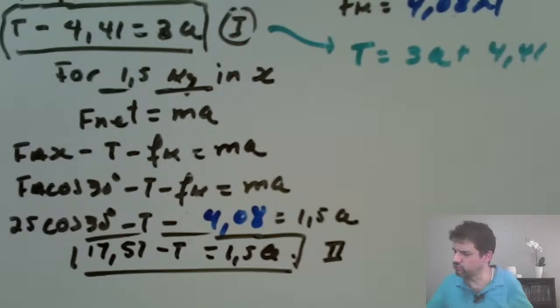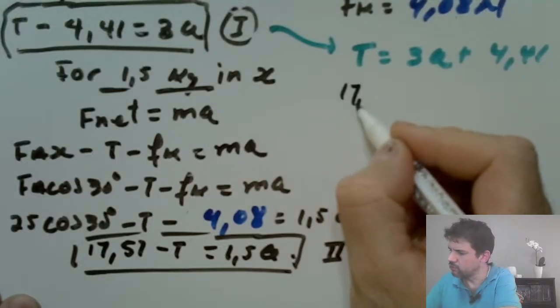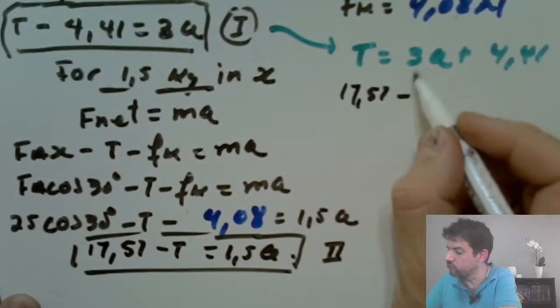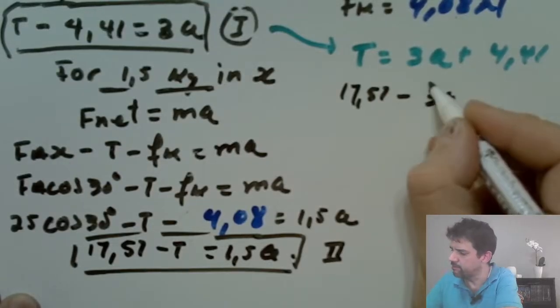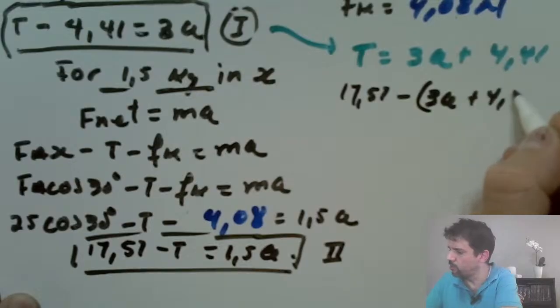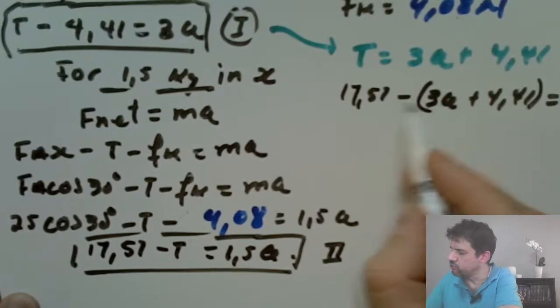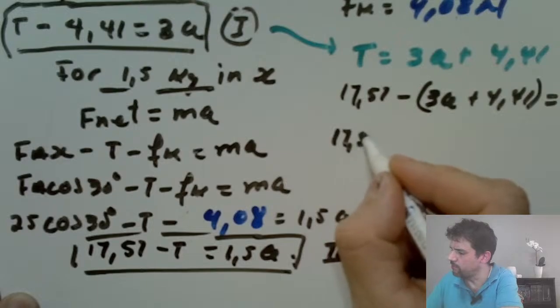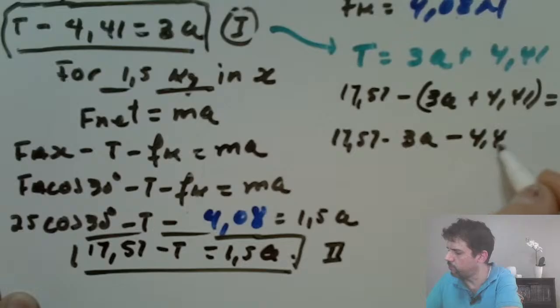If we do the substitution, we have 17,57 minus t, but t is going to be this number here, 3a bracket plus 4,41, and that is equal to 1,58. Here, you open bracket, 17,57 minus 3a minus 4,41 is equal to 1,58.